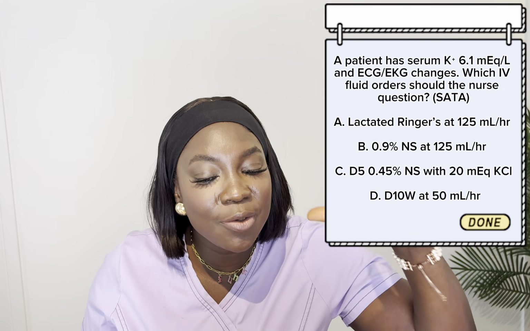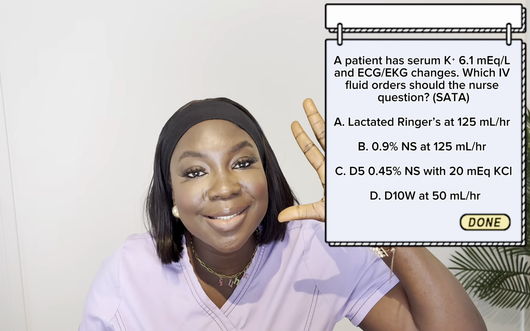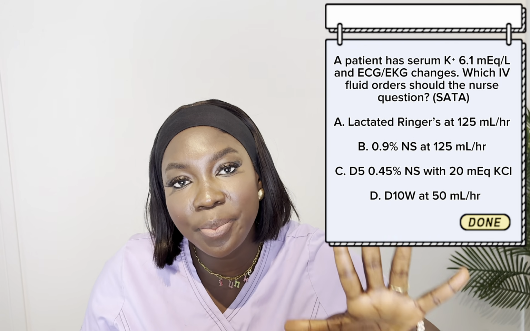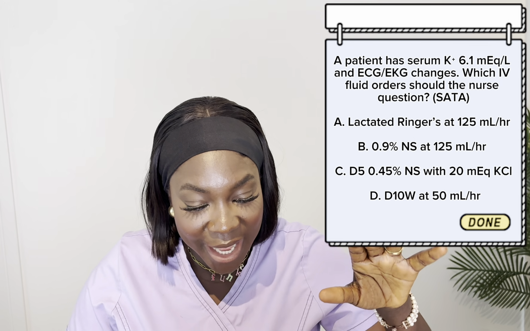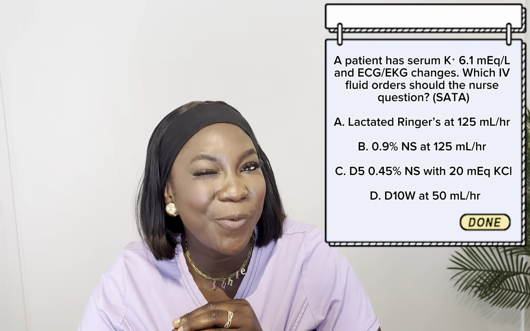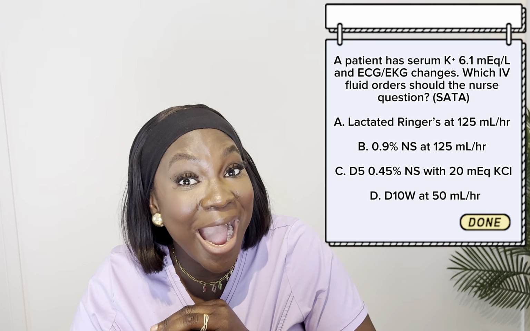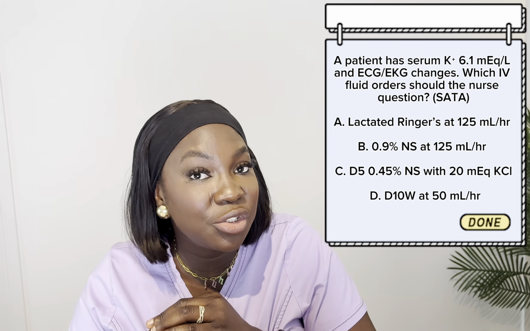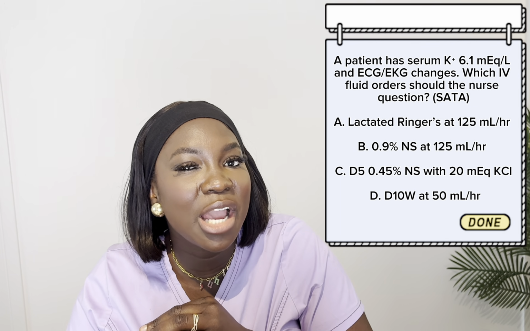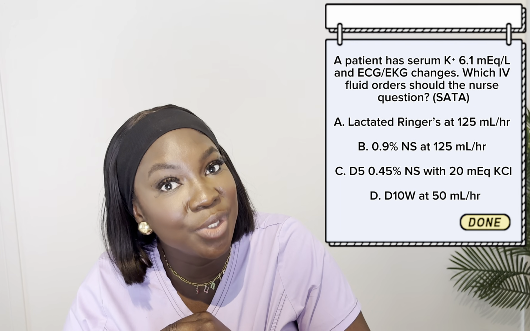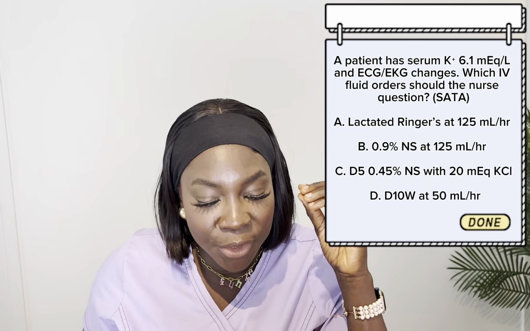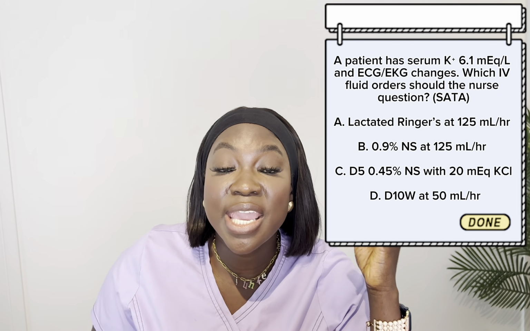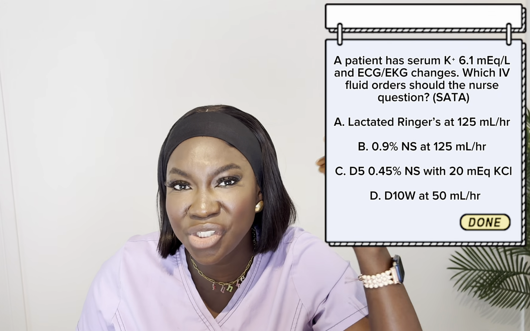The patient's potassium level is already 6.1. Normal potassium is 3.5 to 5. If you give them lactate ringer that also contains potassium, you are adding to the potassium level. The EKG changes show that the high potassium is already affecting the heart. Why should you add to it? So that's why you shouldn't give them lactate ringer, because it will worsen the hyperkalemia the patient is already experiencing.